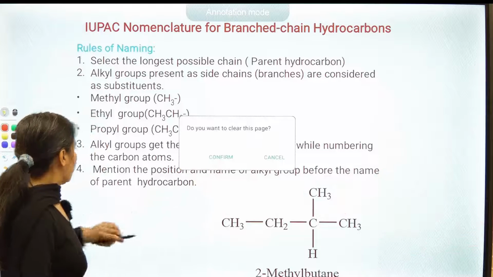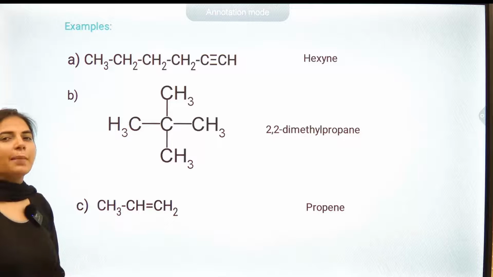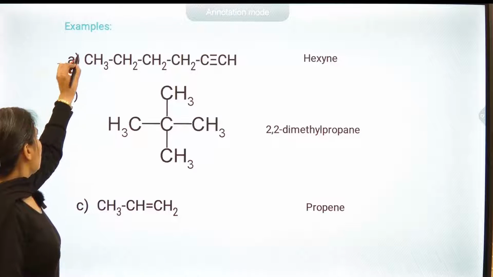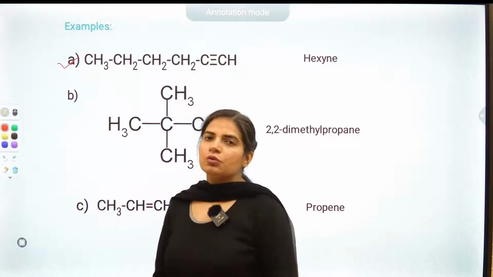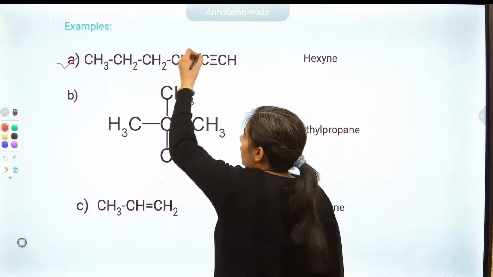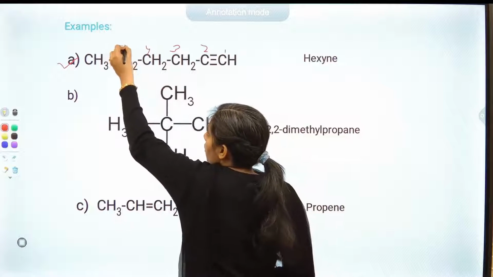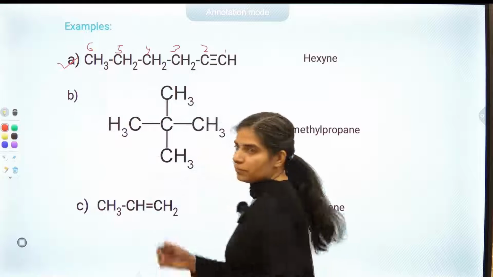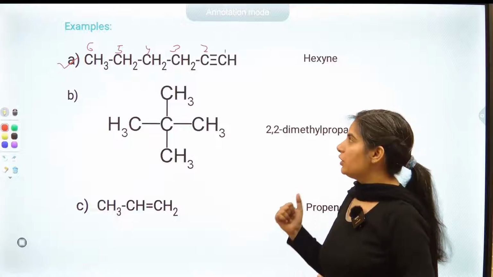Let's move to the next slide. Now we are going to discuss some examples. Let's talk about the first example. Firstly, what we need to do? We have to find the longest chain. So 1, 2, 3, 4, 5, 6. This is our longest chain which we consider as the parent chain.